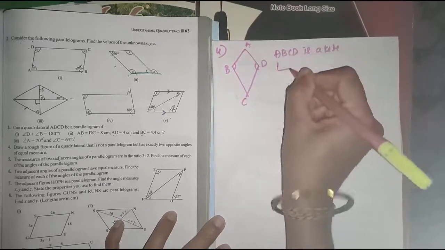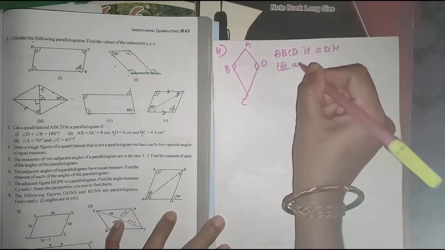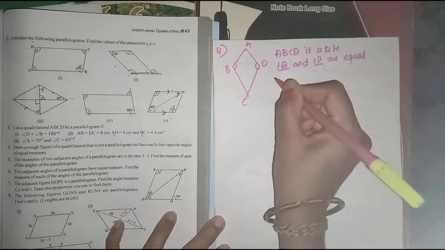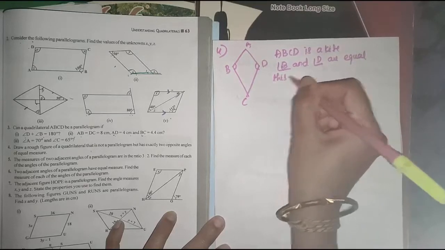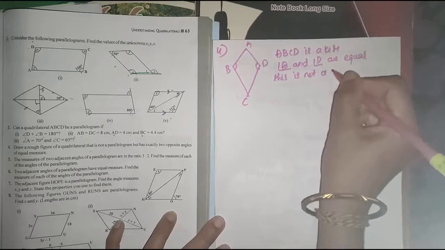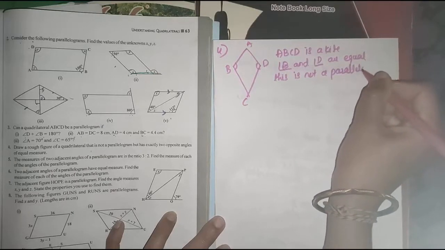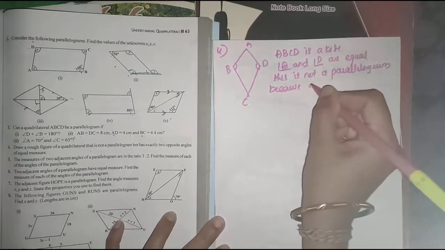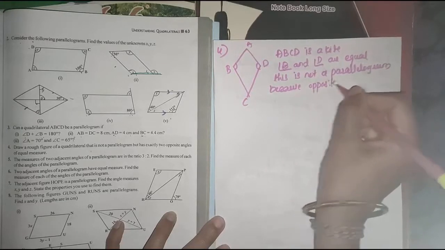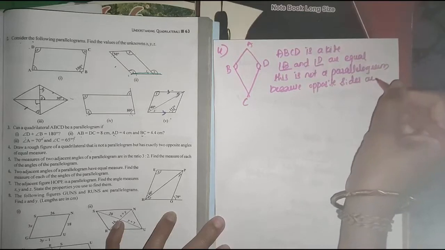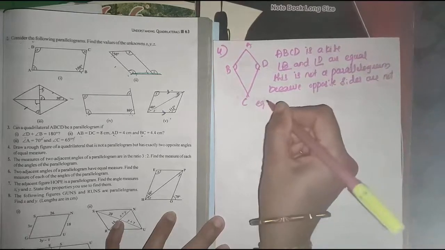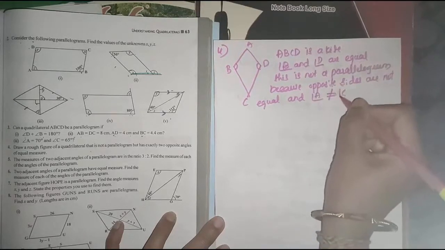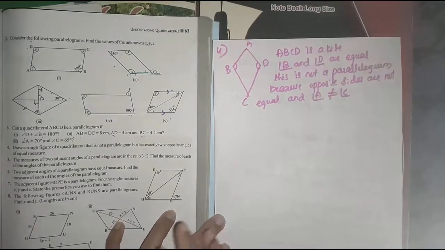In this, angle B and angle D are equal, and this is not a parallelogram, because opposite sides are not equal, and angle A is not equal to angle C. Okay, this is the fourth question.